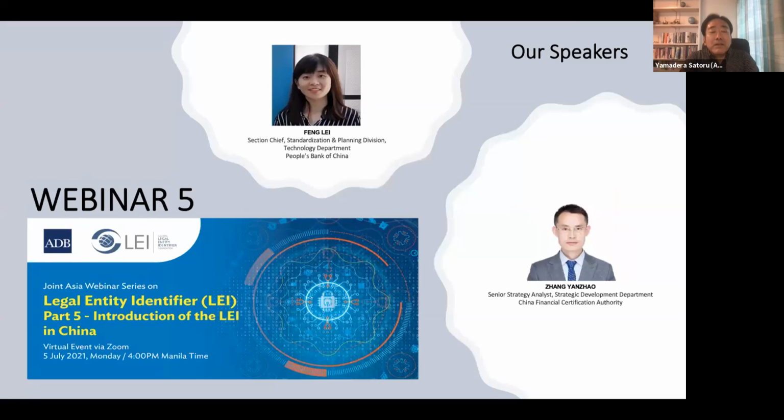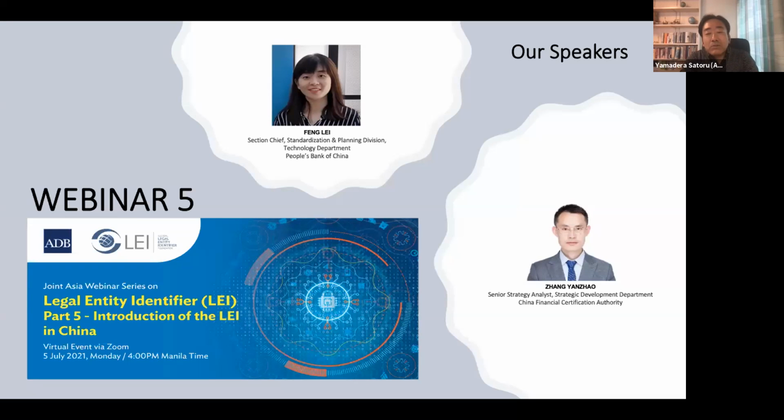Mr. Pandey explained how this implementation can be supported in India. And then Ms. Feng and Mr. Zhang shared the cases in China. China is also taking a very systematic approach with very good coordination among regulators and financial authorities to implement LEI for cross-border transactions. And LEI is going to be widely used in various cross-border reporting.